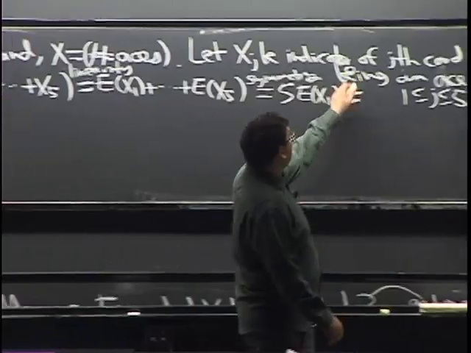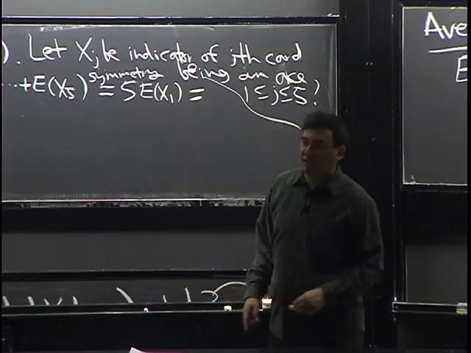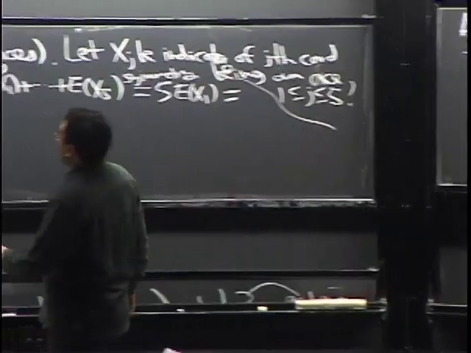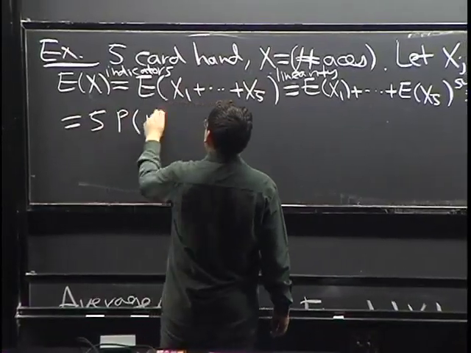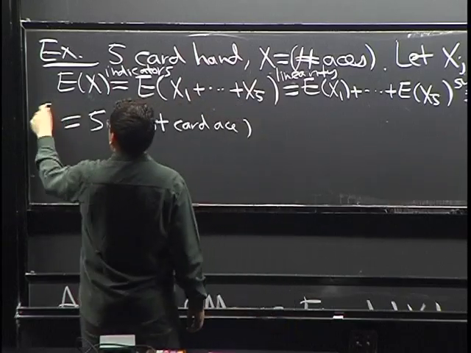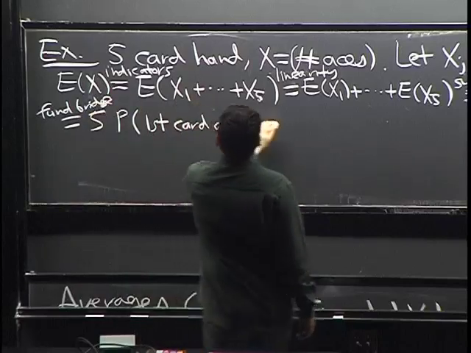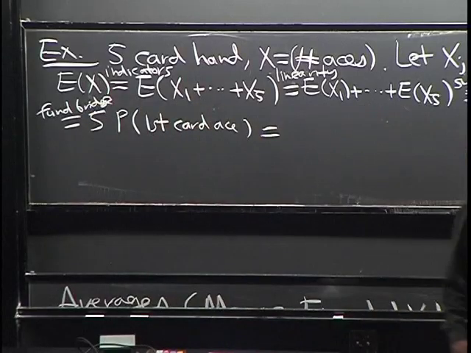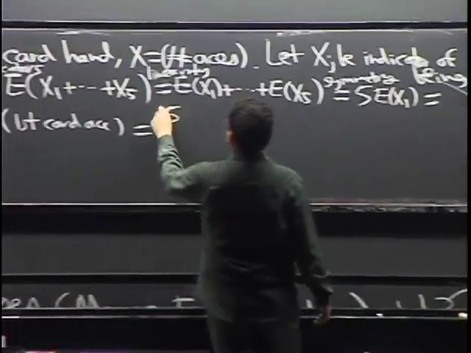E of X1 equals the probability that card is an ace, that's the fundamental bridge. So this is equal to 5 times the probability that the first card is an ace. Well, 4 over 52, or 1/13. So this is just 5/13.